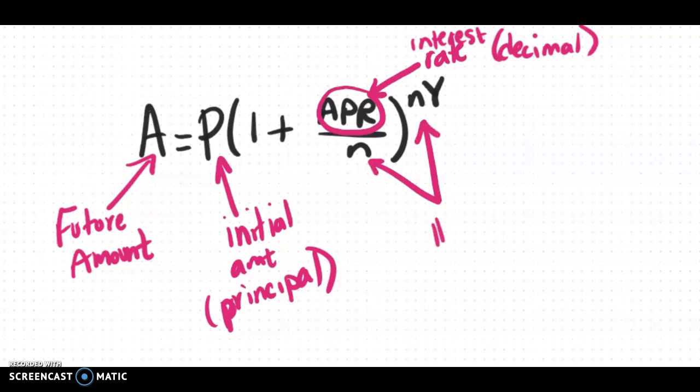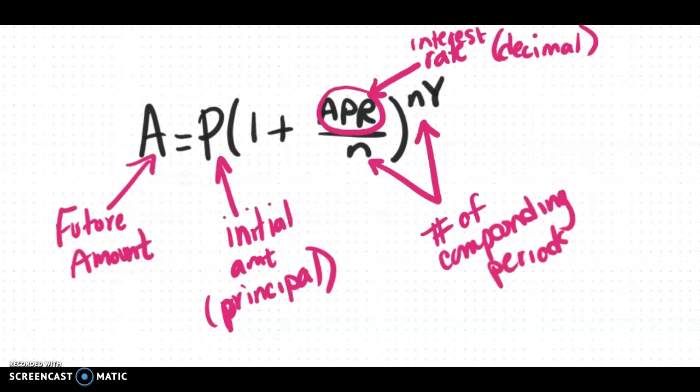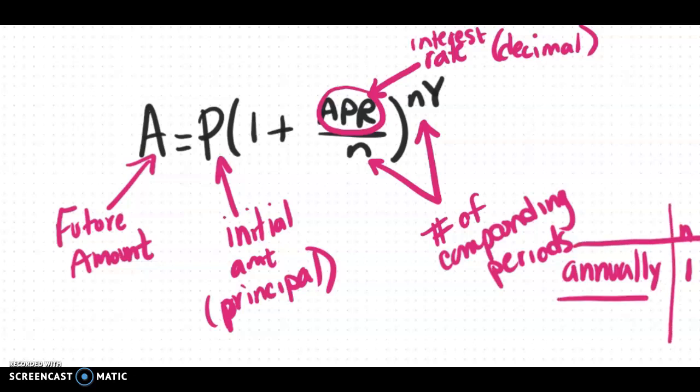N is the number of compounding periods. So how many times per year is it compounded? The common ones that we see are annually. If it's annually, then my N is 1. If you see the phrase semi-annually, that's twice a year.